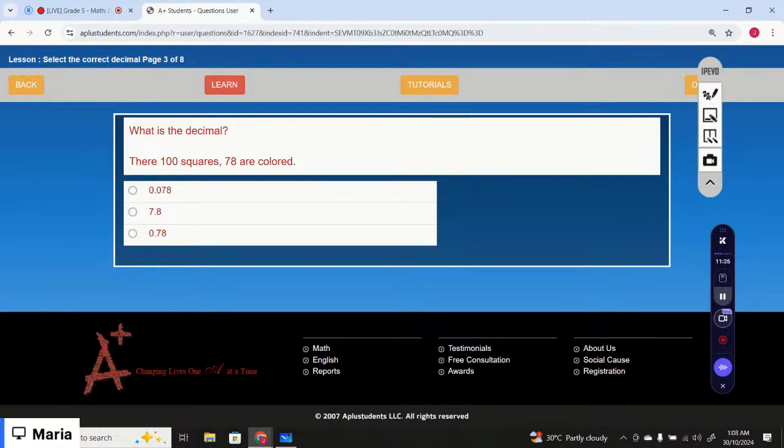Option number 1 is the correct option. What is the decimal? There are 100 squares and 78 are colored. So how do you write it?